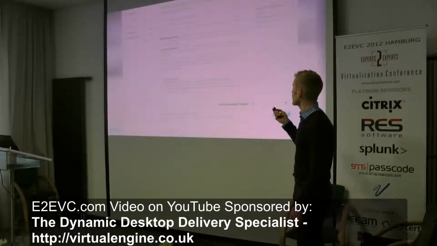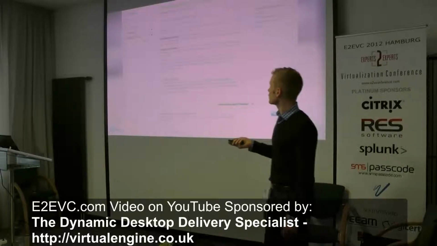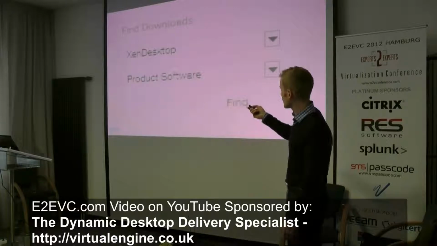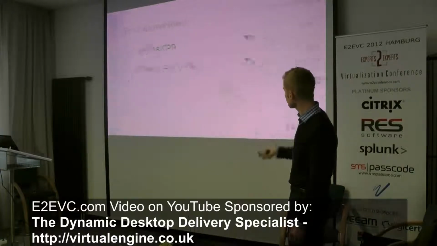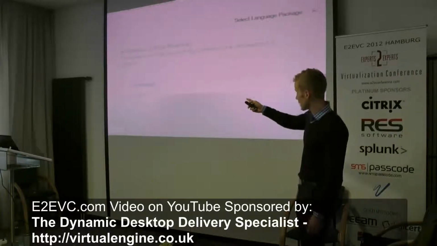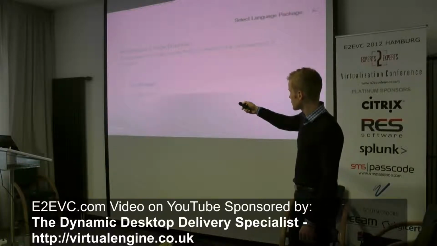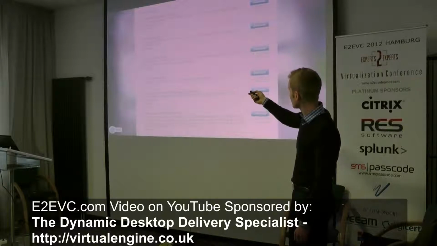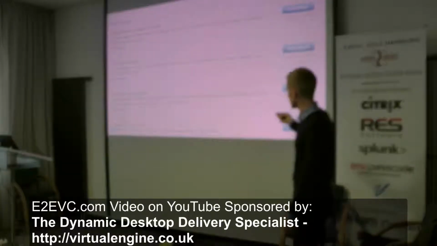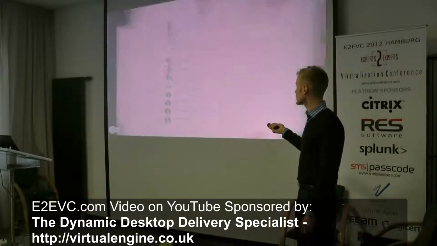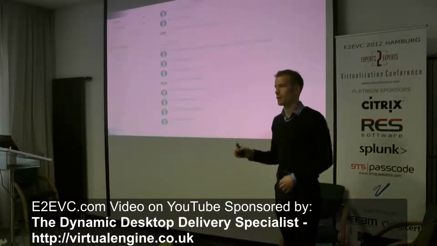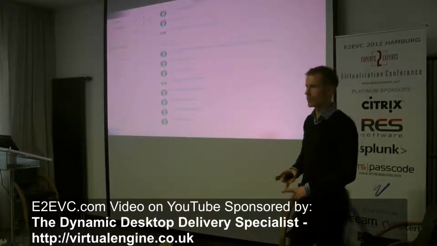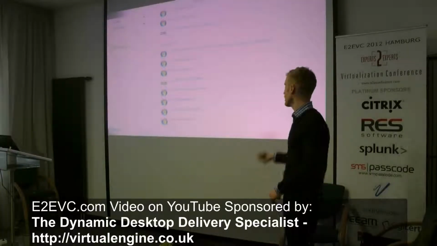To get Desktop Director 2, you go to Zen Desktop 5.5, and you go to product software, and then down the bottom you have disk packages, so you expand that, and then you'll find there Desktop Director 2. So you download that first and install that first, and you install it, by the way, on top of IIS, so you have to have IIS and all the correct role services installed.